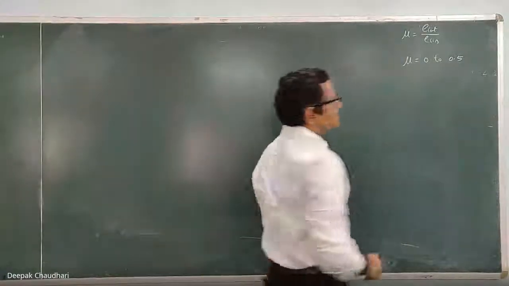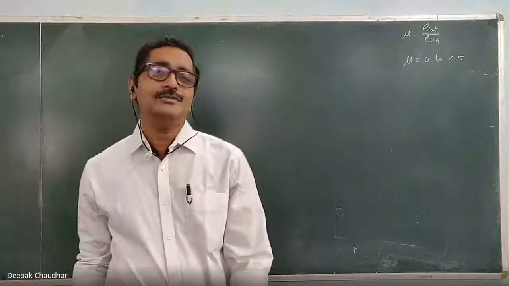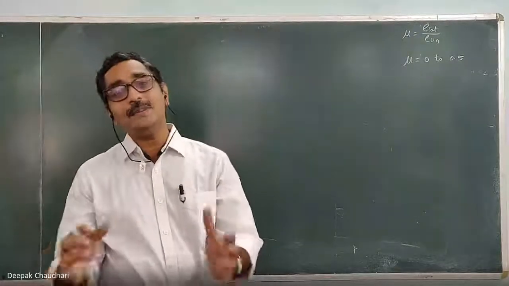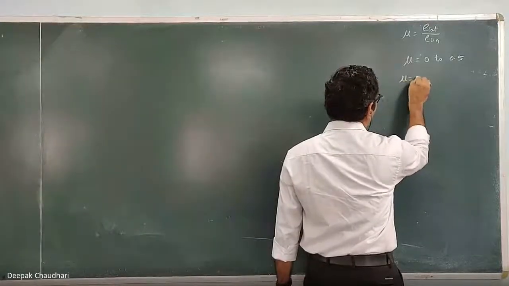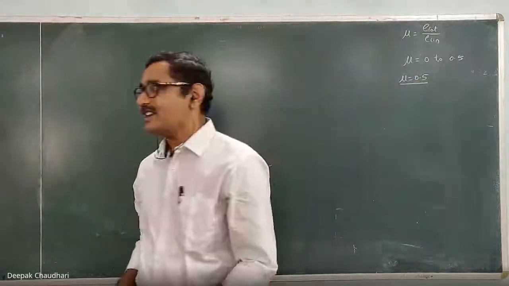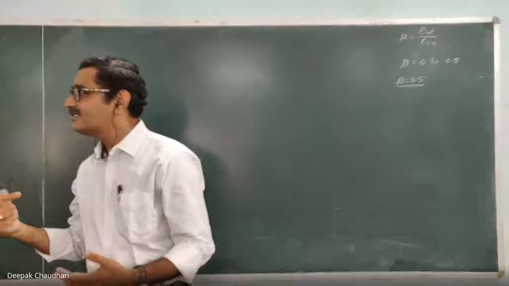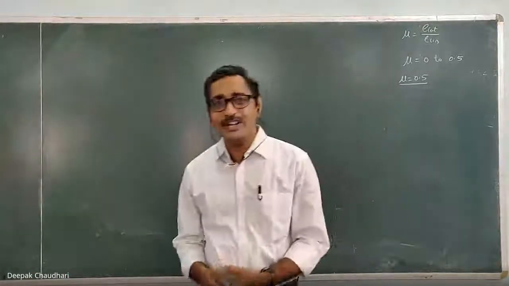Now this mu, the Poisson's ratio, is related to the compressibility of the material. What will happen if mu is 0.5? I told you to read all these things; this was given as additional reading, including why Poisson's ratio is not greater than 0.5.